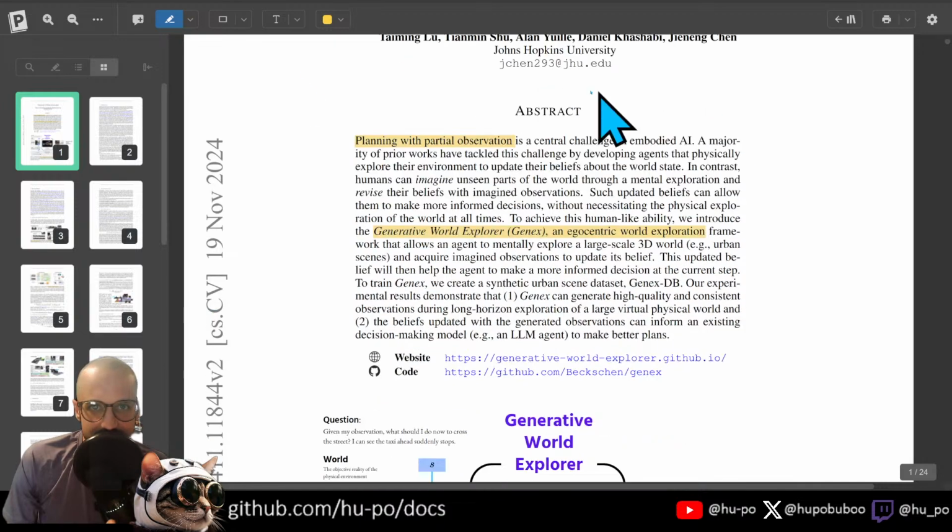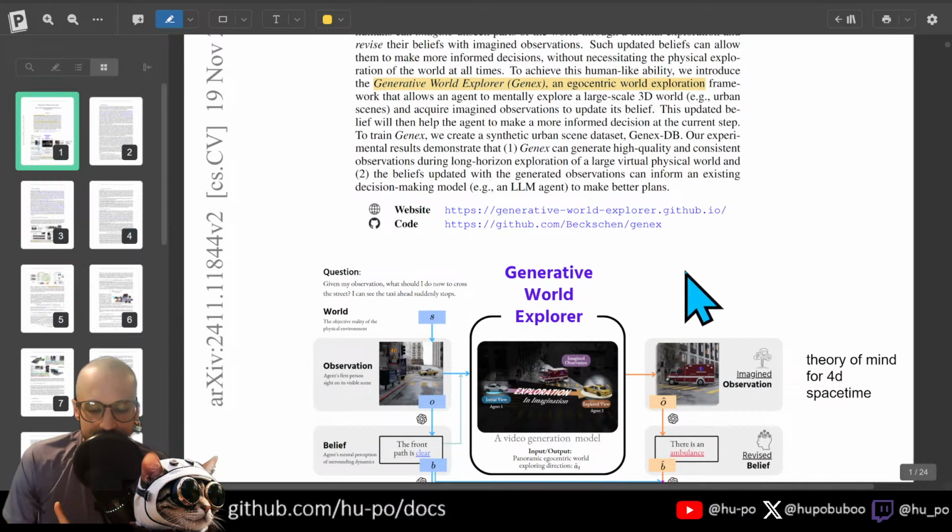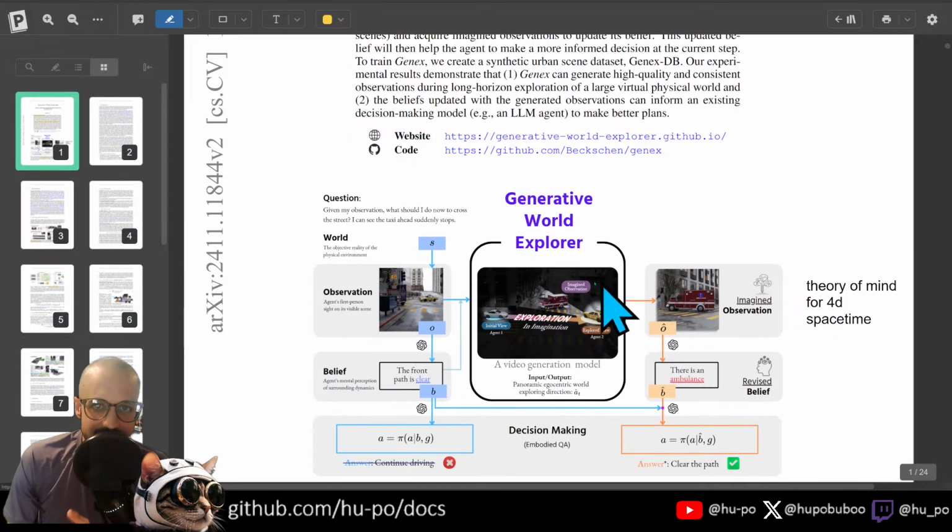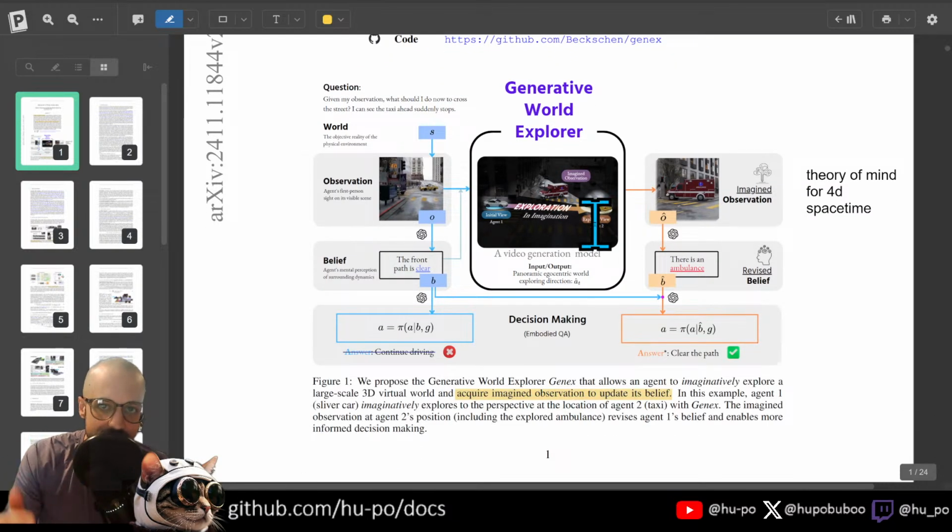But the key idea I think about this paper that is important for this stream is this idea of look ahead, right? Where you imagine observations to update your internal belief. So rather than just instinctively reacting whenever you're receiving observations.